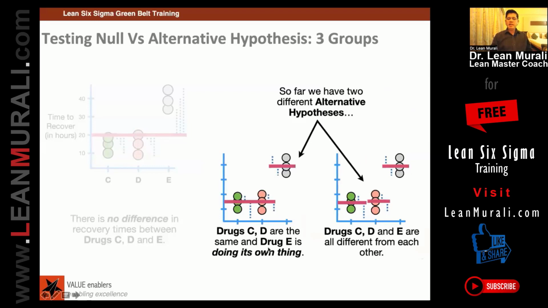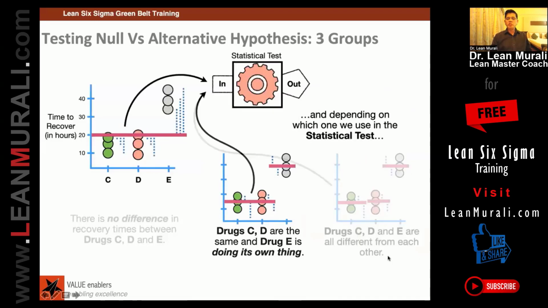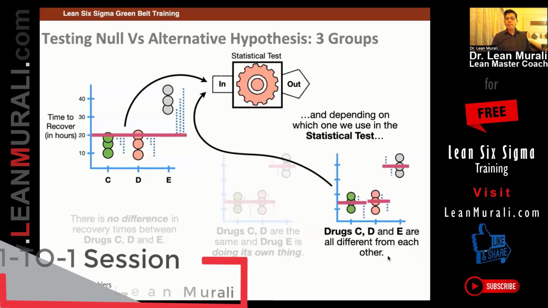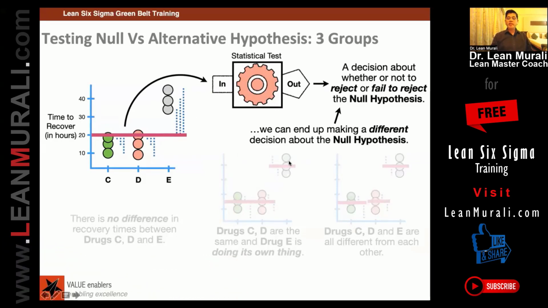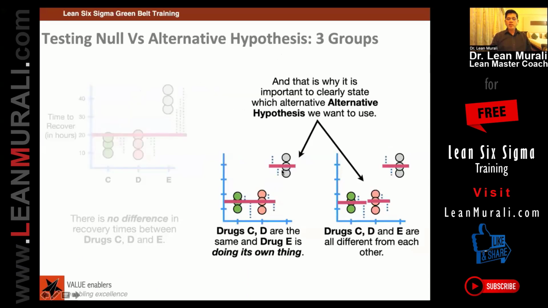So C, D are the same and E is doing its own thing, or C, D, E are different from each other, and then we choose depending upon what we want. And finally, a decision whether to reject or fail to reject. We can end up making a different decision about the null hypothesis.